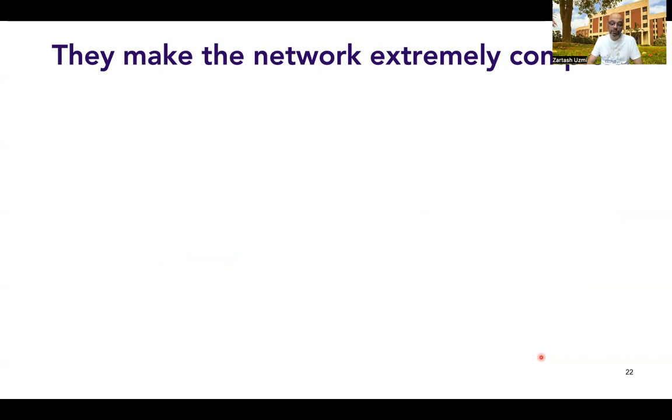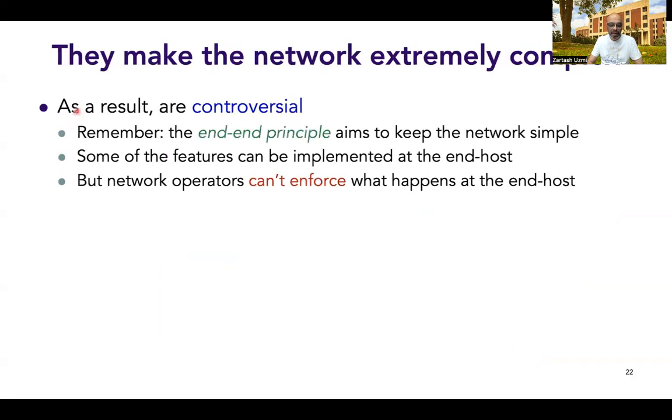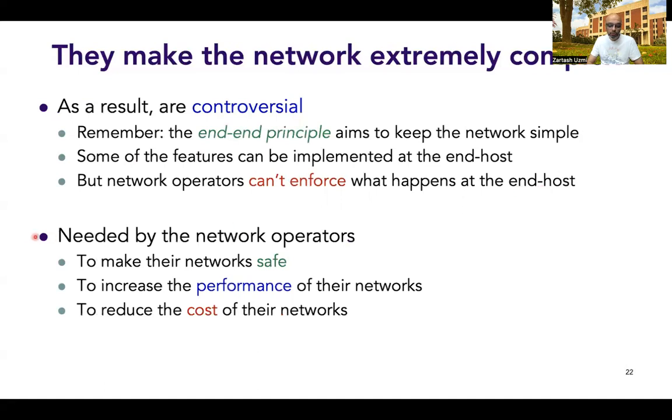But middle boxes make the network intelligent. At the same time, they introduce complexity, and hence they are controversial. So recall the end-to-end principle, which wanted to keep the network simple. Some of the features can be implemented at the end host, but network operators cannot force what happens at the end host. So these are needed.